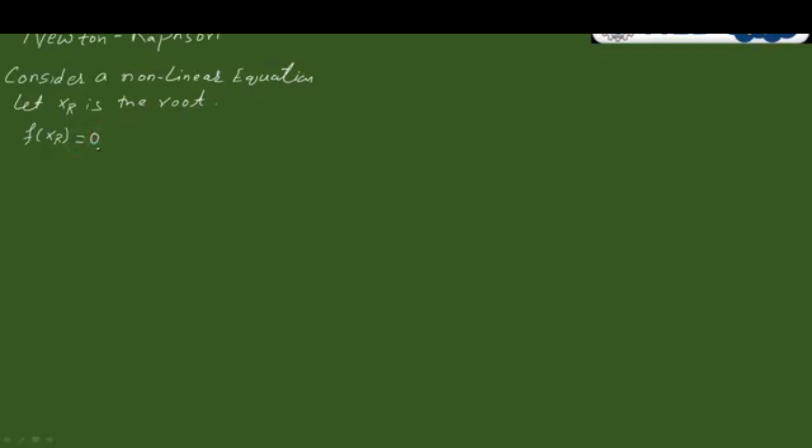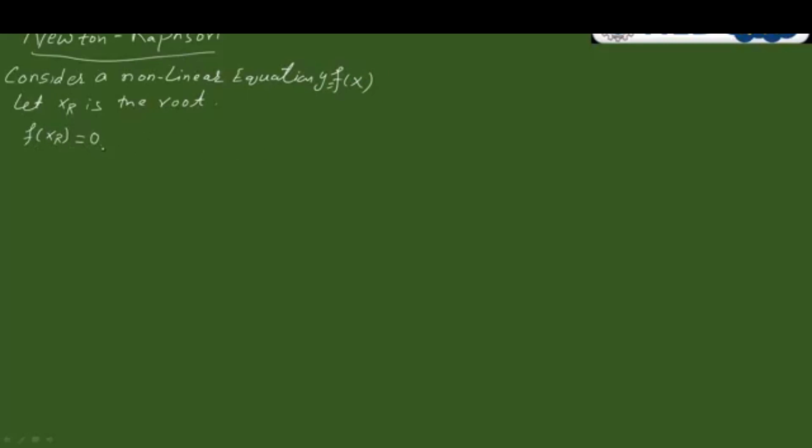We have to discuss this method Newton Raphson for one root, but we already learned in the bisection method that the same process could be repeated to find the other roots. So let's move ahead. What this line is saying is that there exists some nonlinear equation, let's call it y equal to f of x, and I want to find its root, and I have assumed that there exists one root xr, such that if xr is placed in that equation, we will get exactly 0.